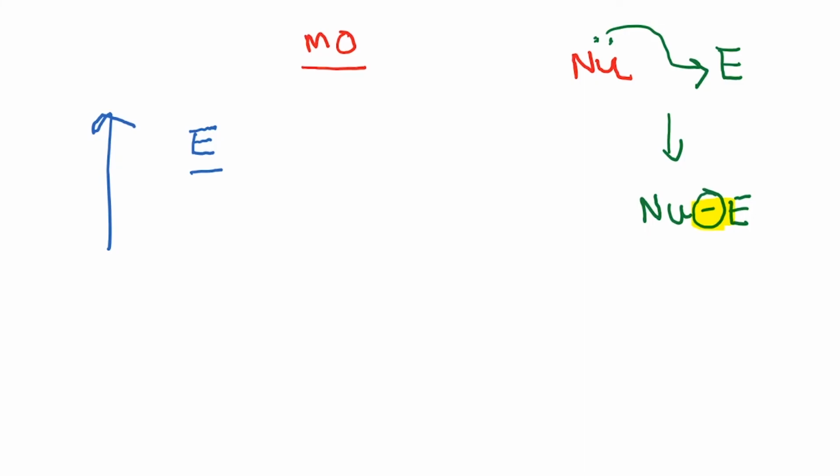So coming back to this molecular orbital picture, if this is energy and this is the electrophile, E here denotes an electrophile. Now if you want to understand how it reacts with the nucleophile, assume that the nucleophile has a pair of electrons, which I'm going to denote as Nu.